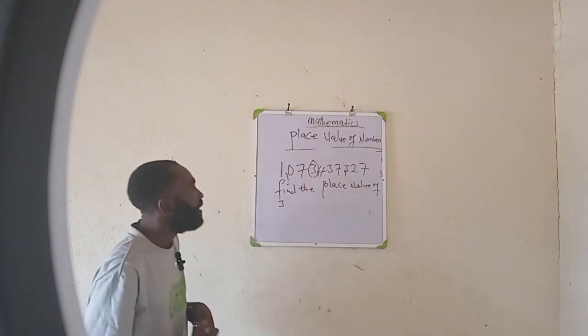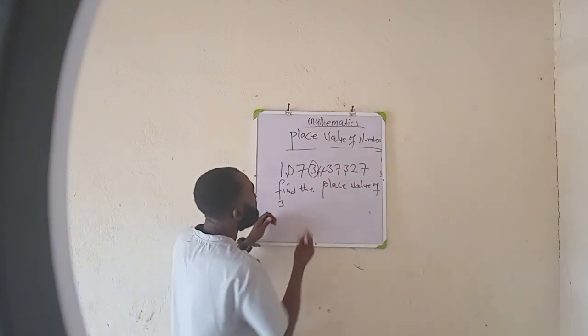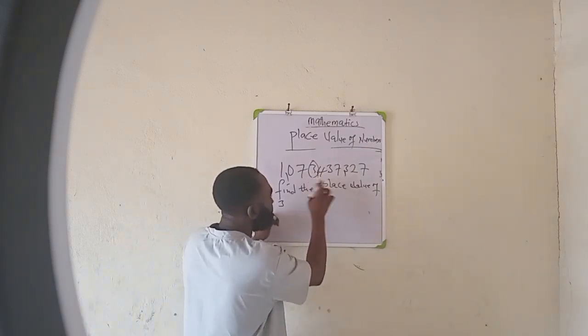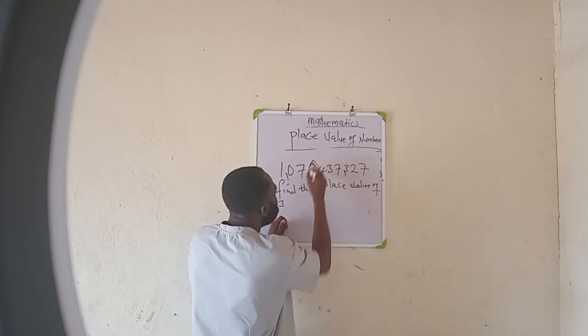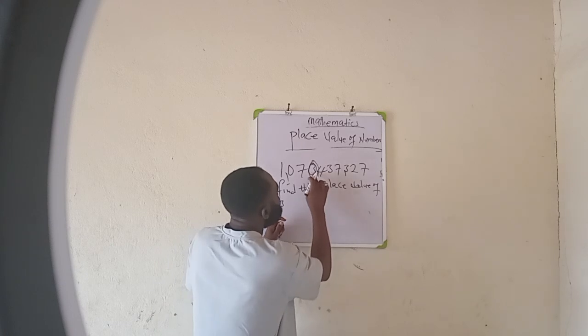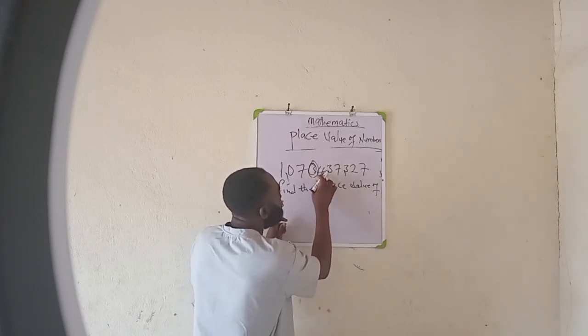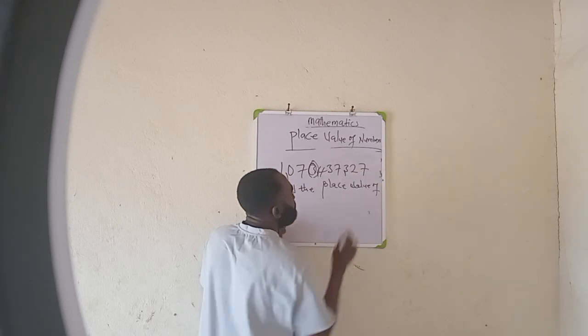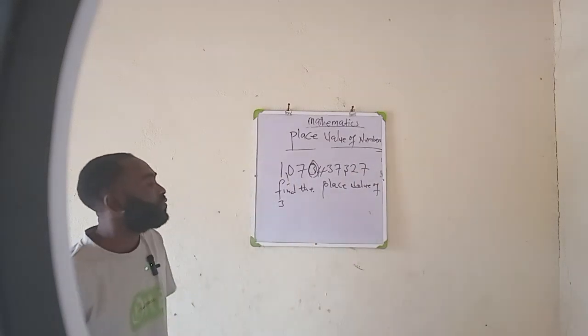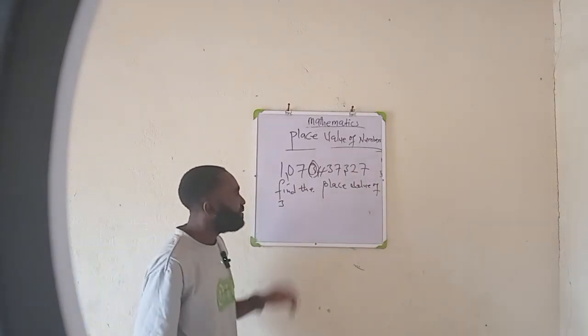A million. So you know that here is typically 3,437,327. Sorry. So that is it. It is not that hard.